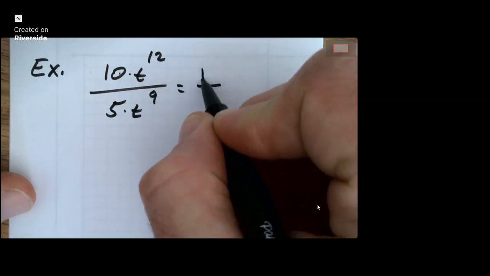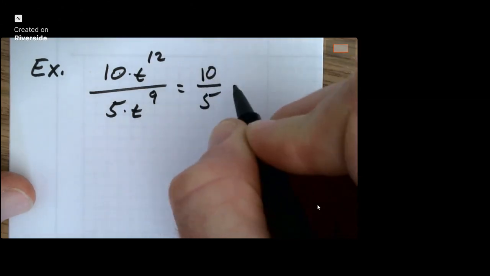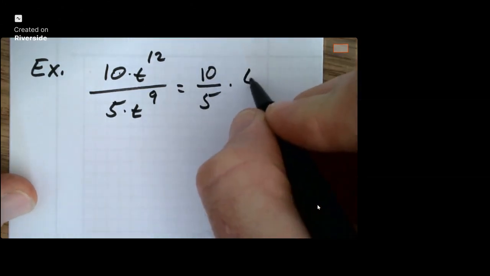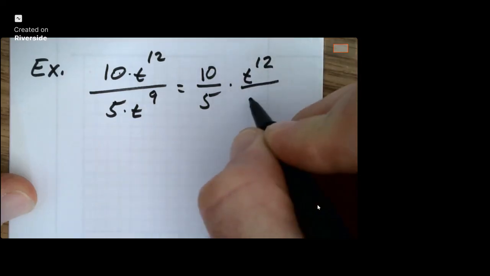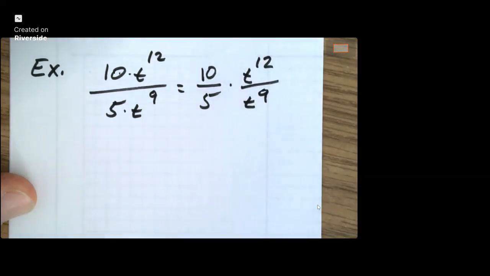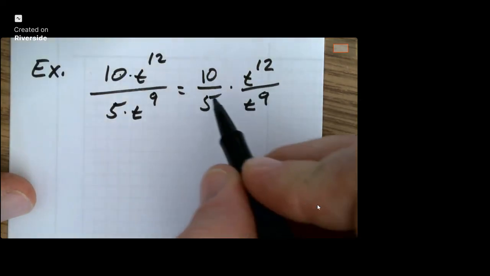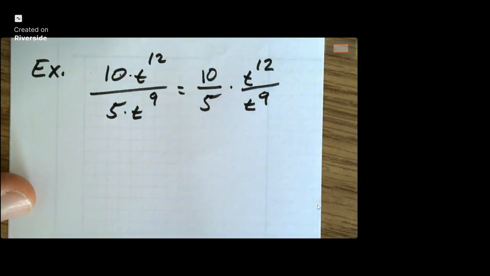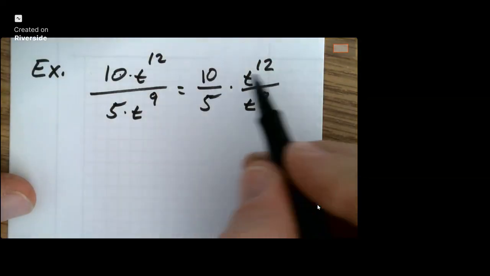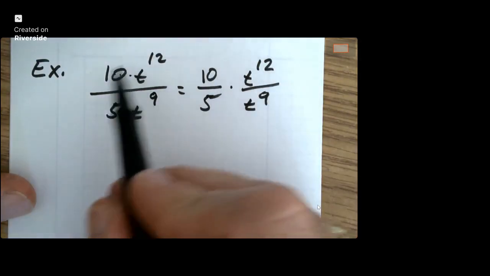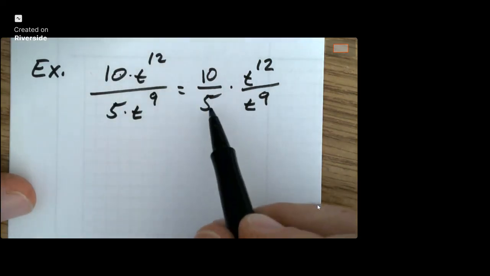So what I like to do is I like to look at these as being two separate fractions multiplied together like that, right? Because if you multiply these two fractions back together, which is really easy, right? You just multiply tops and bottoms. When you're multiplying fractions, you don't need any common denominators or anything. So this would multiply back out to give you 10t to the 12th, right? Over 5t to the 9th.